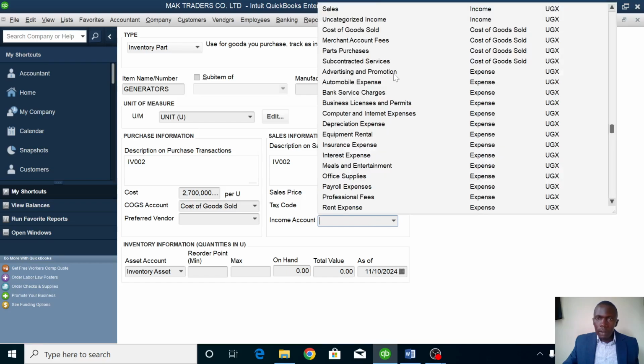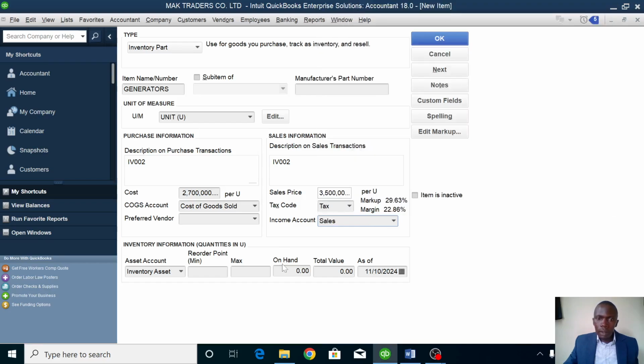So it is also under sales. Say on hand we have 6. Then we have the opening date, it is 1st January.